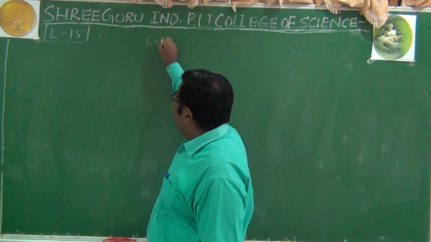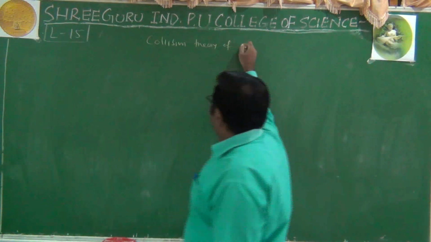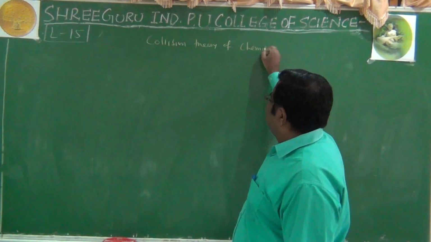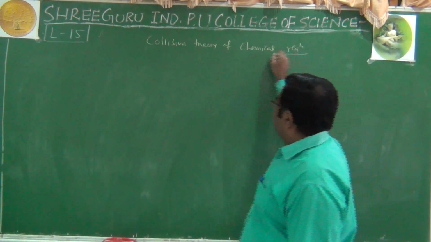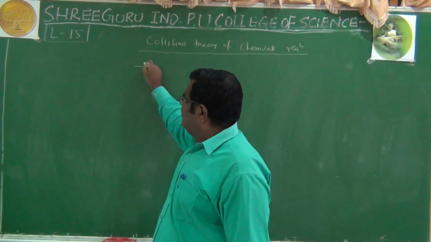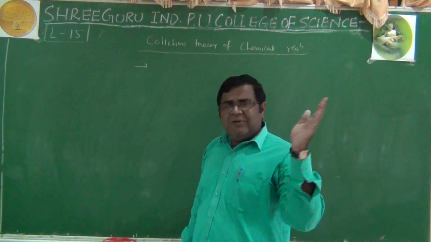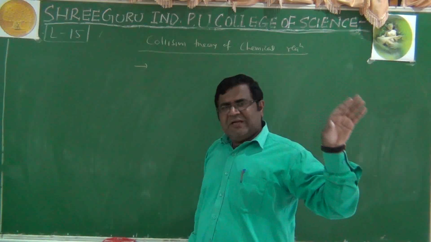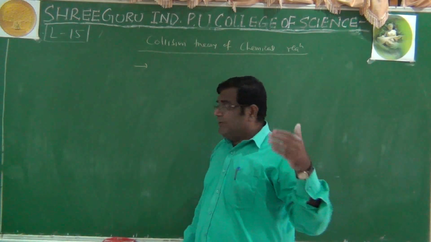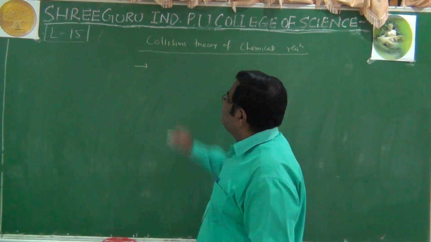So I will write here: collision theory of chemical reactions. There are 3-4 points regarding collision theory. Apart from collisions occurring, effective collision and ineffective collision criteria, all that we have learned initially, 2-3 points I am adding here which are equally important.